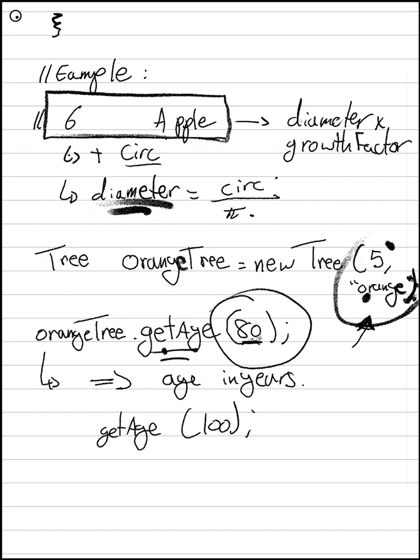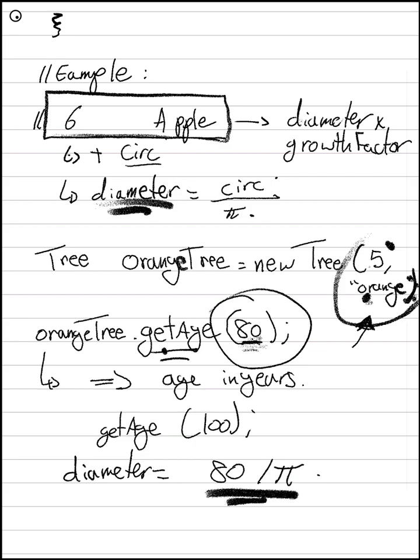So if I tell you an orange tree has a growth factor of 5 and its current circumference is 80, how would you calculate its age? So first you need to get its diameter. So you would say diameter is 80 divided by pi.